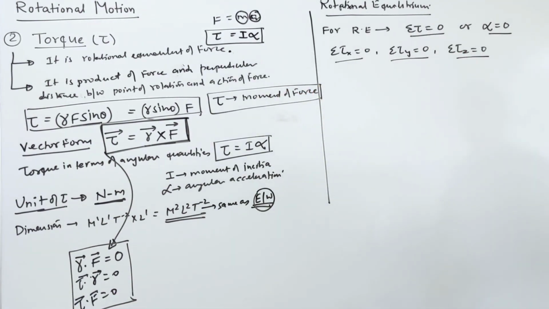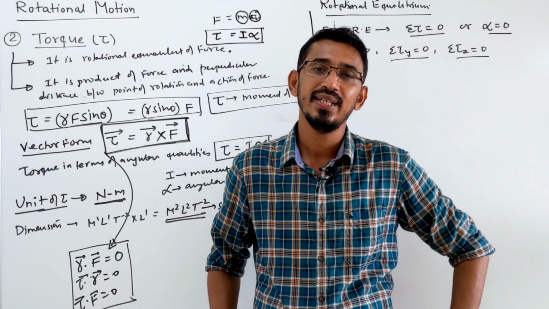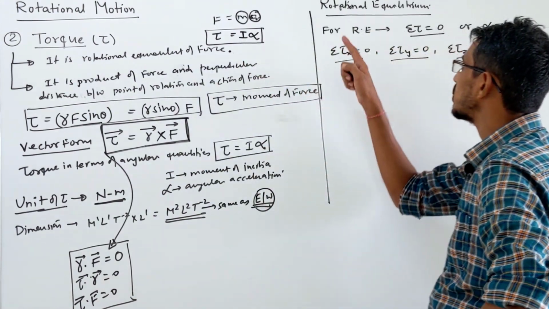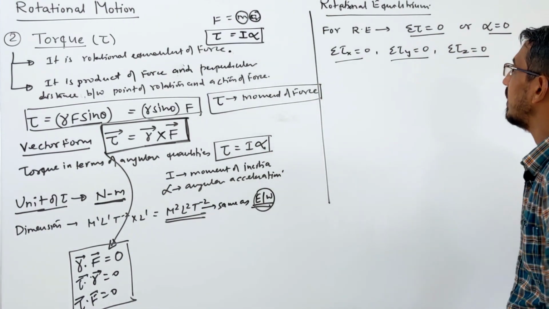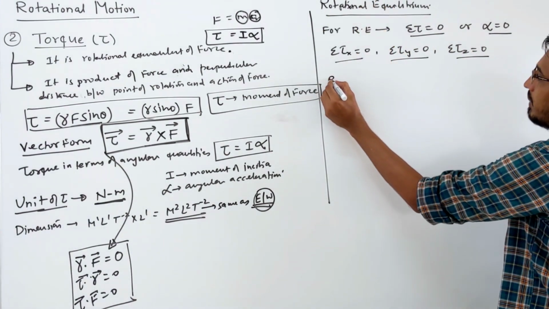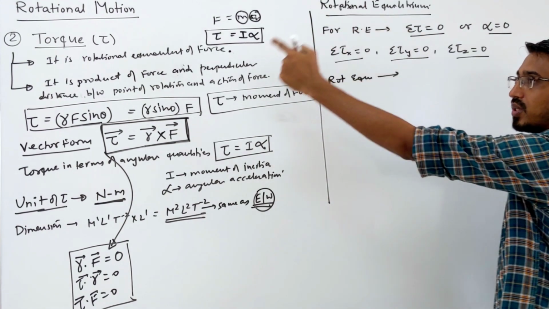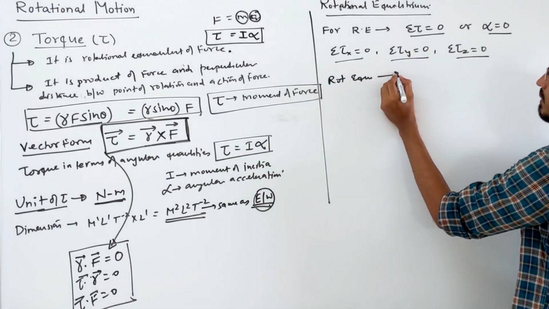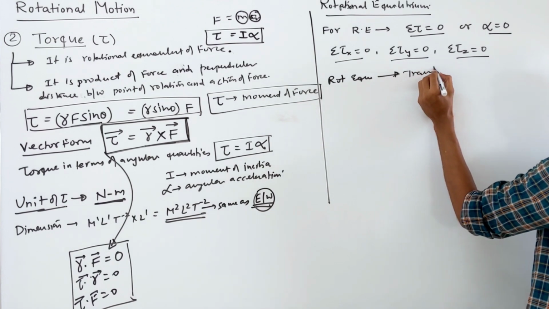So, let us come back to rotational equilibrium. I am saying for rotational equilibrium, the net torque acting on the body should be 0, or the net angular acceleration should be 0. And torque in x direction, y direction, z direction, all directions should be 0. Also, whenever rotational equilibrium is happening, translatory equilibrium is also there.